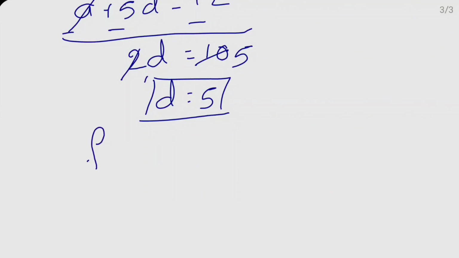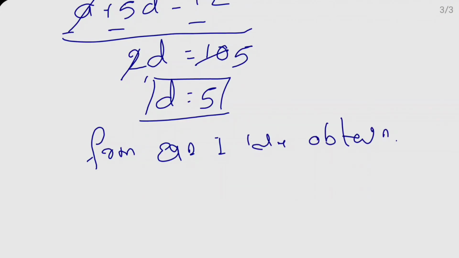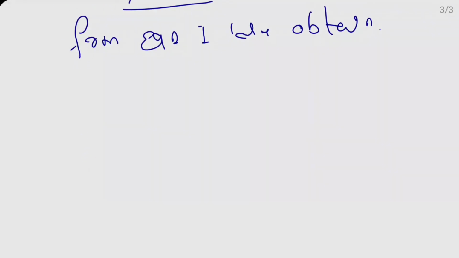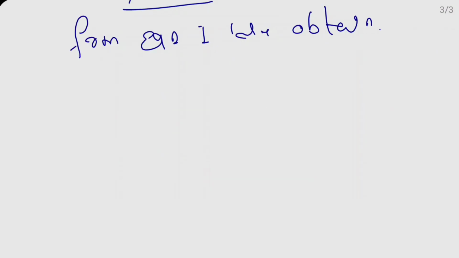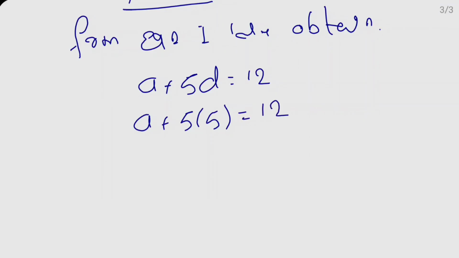So now from equation 1 we obtain. So what is equation 1 here? The equation 1 is a plus 5d equal to 12. So here a as it is and 5 as it is, d is 5 and here 12.